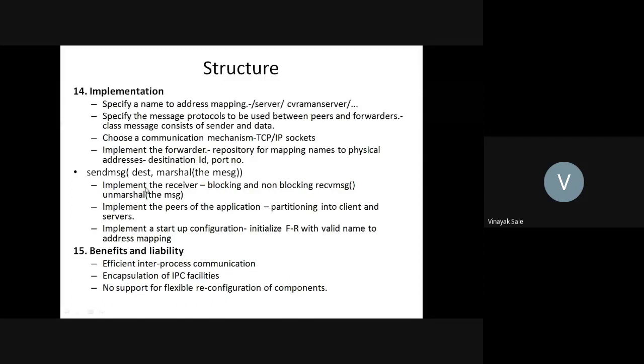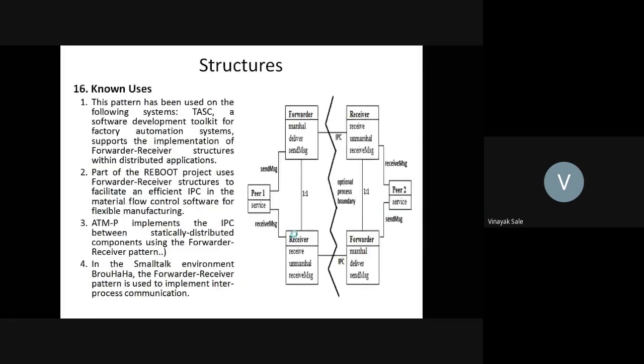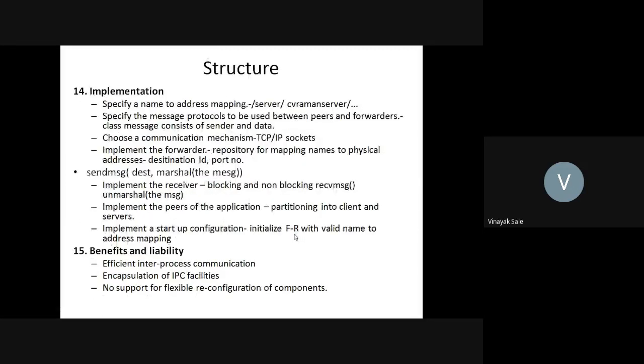Implement the receiver with blocking and non-blocking receive message, unmarshal the message. Implement the peers of the application, partitioning into clients and servers. Implement a startup configuration, initialize forwarder, receiver, valid name-to-address mapping.